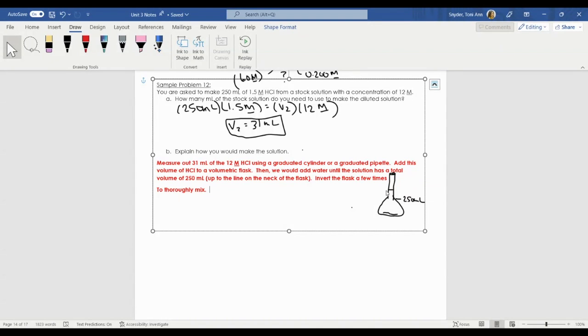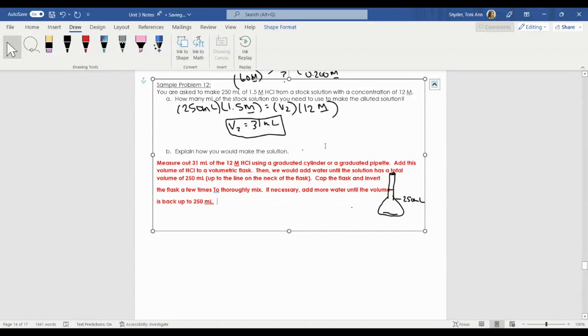You inverted the flask a few times after you capped it. So we'll add right here, cap the flask, and invert a few times. That's important to put a cap on it. And you might see that after you mix it, the volume actually goes below 250 milliliters, not by much, but it will go down a little bit. If that happens, add more water until the volume is back up to 250 milliliters.